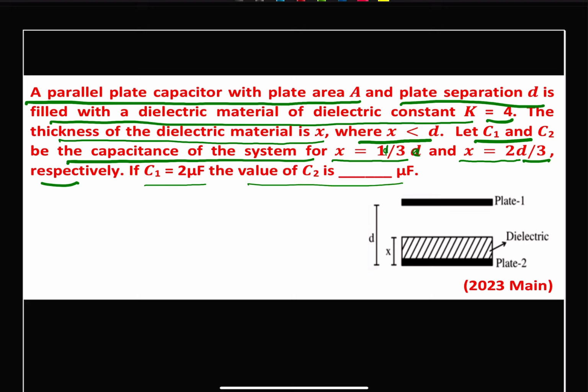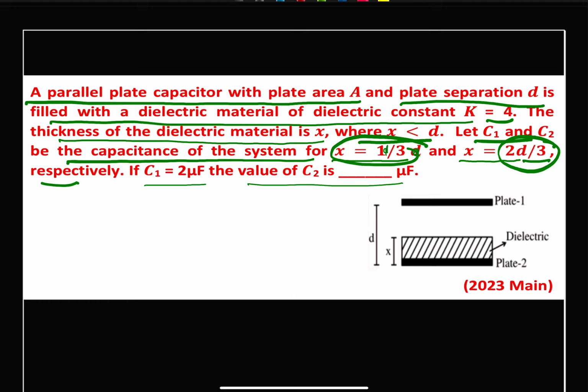Here we are given that the thickness of the dielectric is changed. In the first case, the thickness of the dielectric is D by 3. In the second case, it is 2D by 3. Respectively, their capacitances are given as C1 and C2.